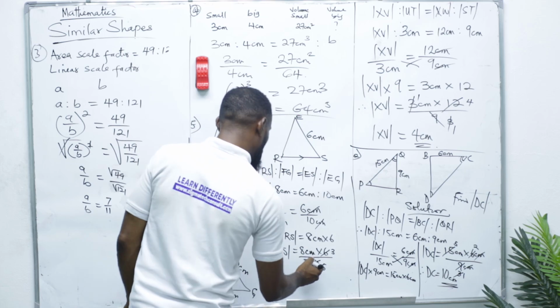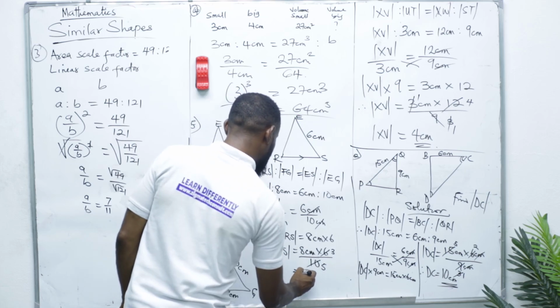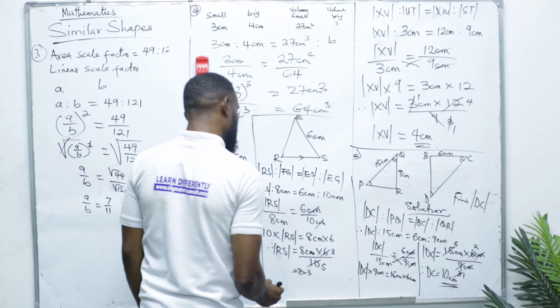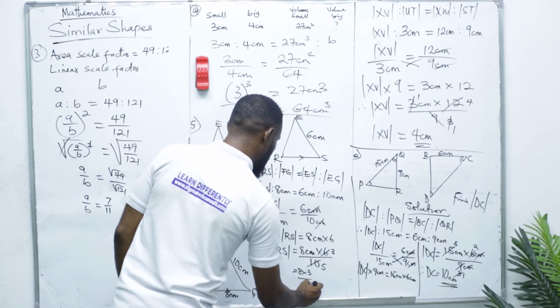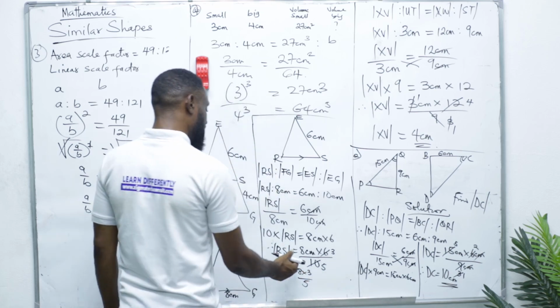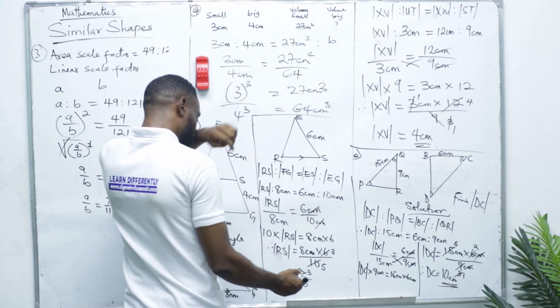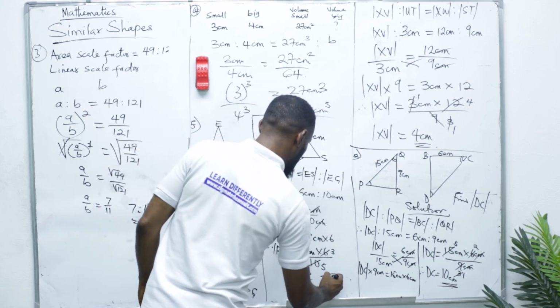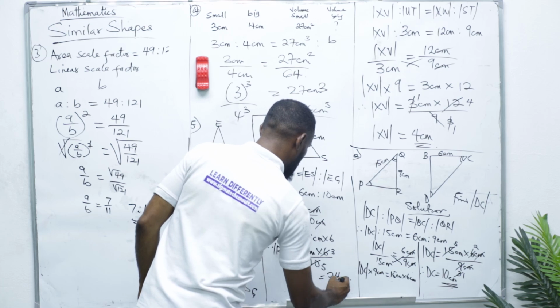So what we now have there is 8 times 3 all over 5. 8 times 3 gives us 24 divided by 5.